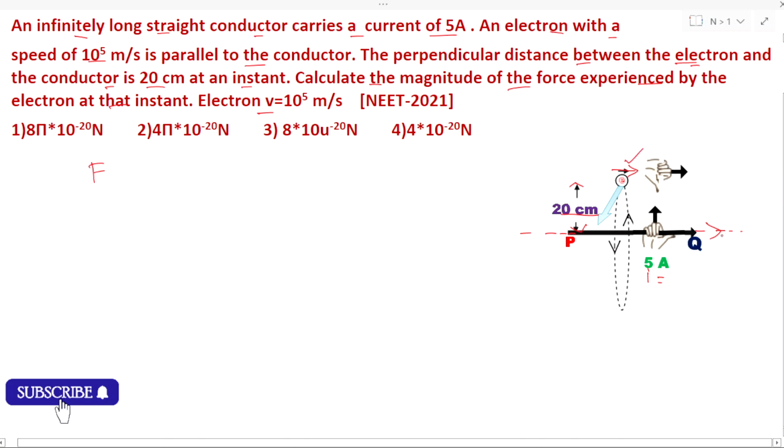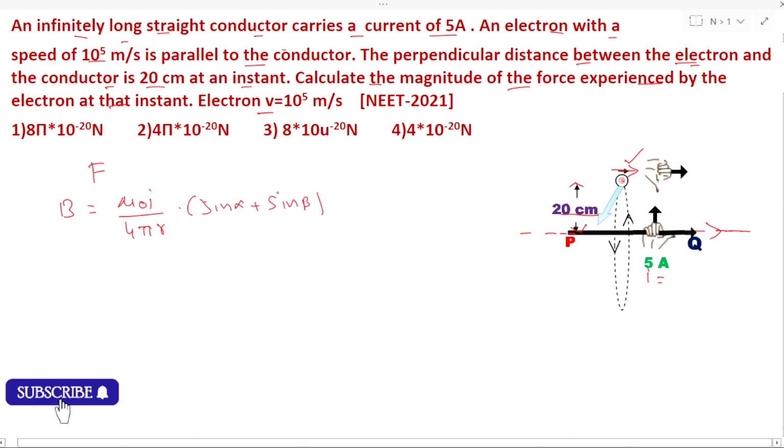Now, this is an infinitely long straight conductor, and current I is flowing through it. We know that whenever current flows through a conductor, a magnetic field will be set up around the conductor, and the formula for the magnetic field at a distance r for a straight conductor is B is equal to mu naught I by 4 pi r into (sin alpha plus sin beta).